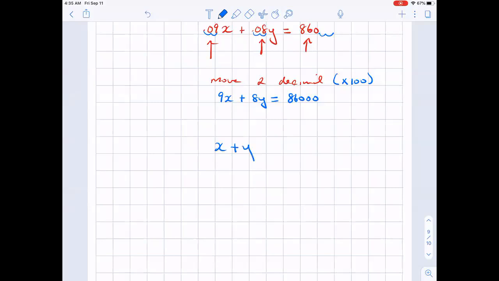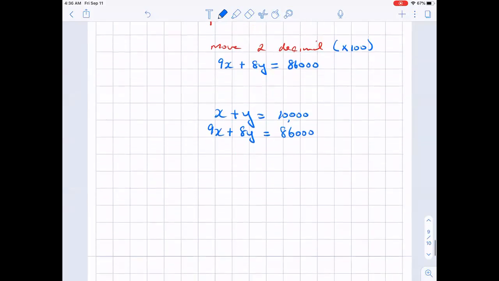So the 2 equations are x plus y is equal to 10,000. And our second equation that we just obtained is 9x plus 8y, and that is equal to 86,000. Now you can solve for x and y.